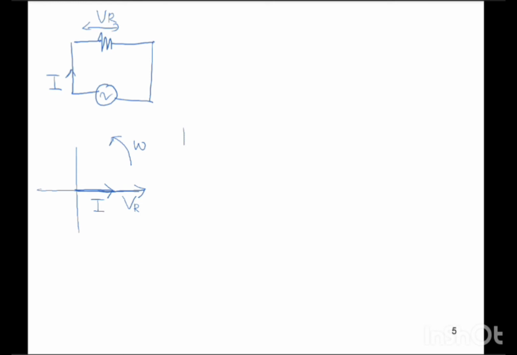So projecting from this phasor diagram, this one is a graph of V and I against time.